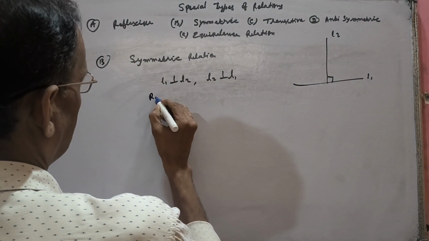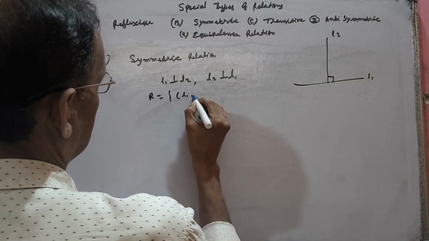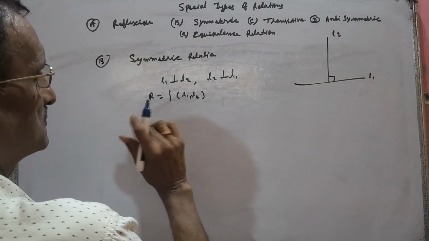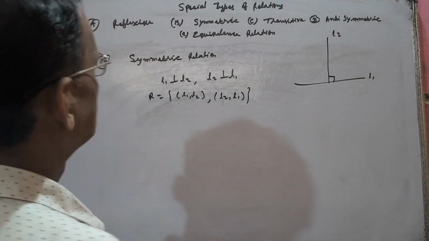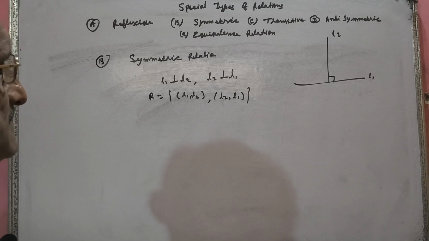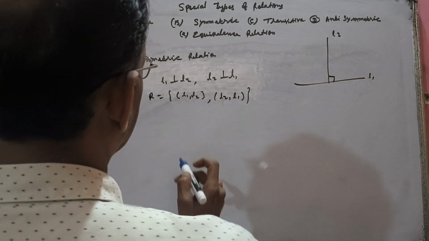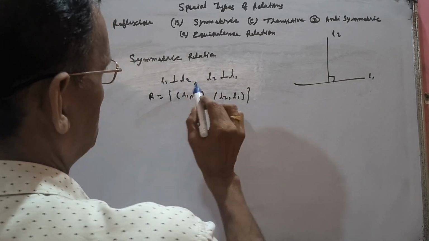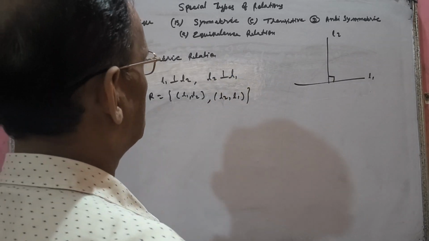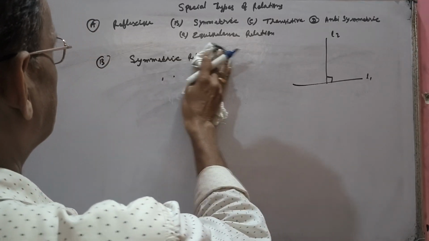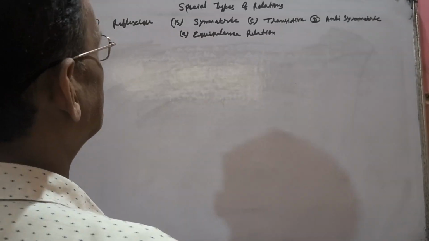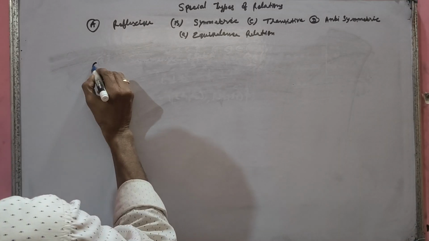So if R has the element (L1, L2), and (L1, L2) belongs to R, then (L2, L1) also belongs to R. Then R is symmetric here. Understood? If L1 is perpendicular to L2, then L2 will be perpendicular to L1. So this is called a symmetric relation. Understood? Then transitive.